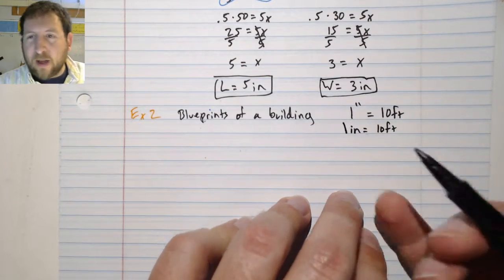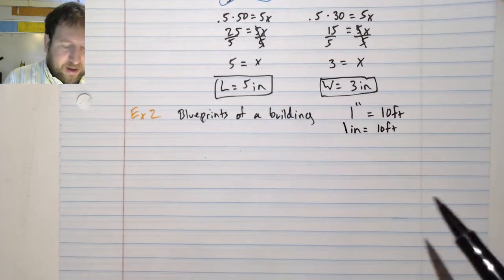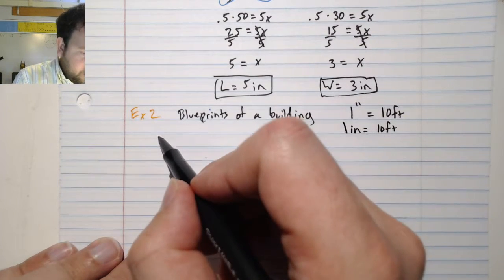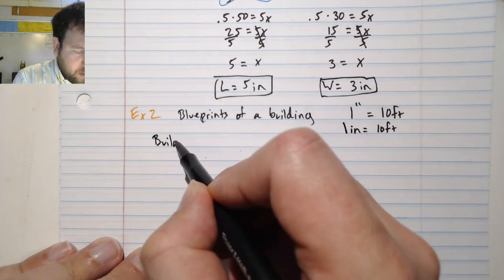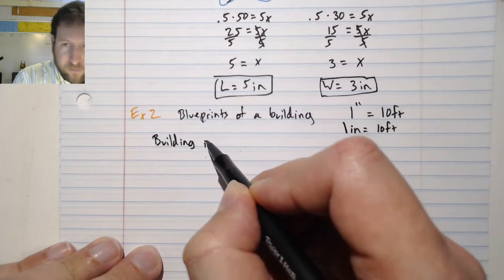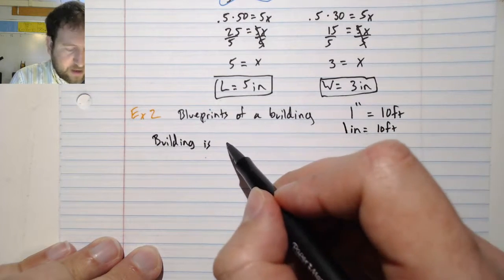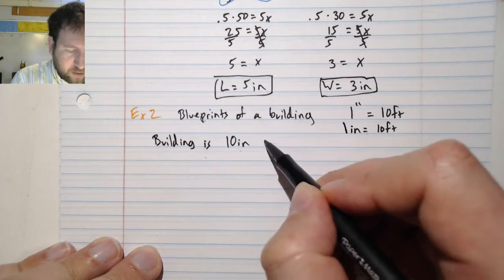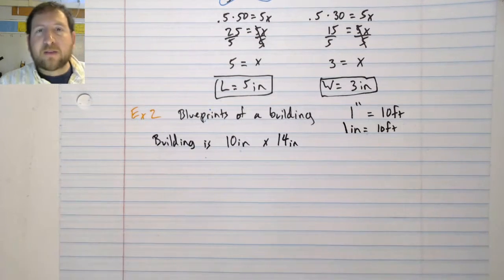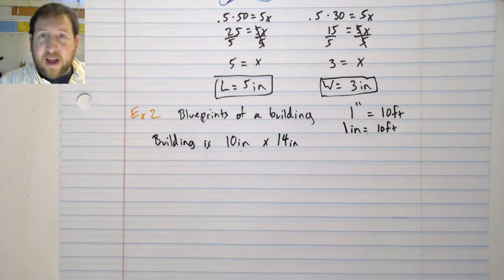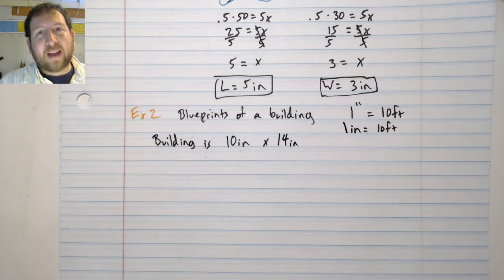But it's good to know what that means. And on the blueprint, the building is 10 inches by 14 inches. Now, this is not a tiny mouse building. It's an actual building, but we want to know how big it actually is.